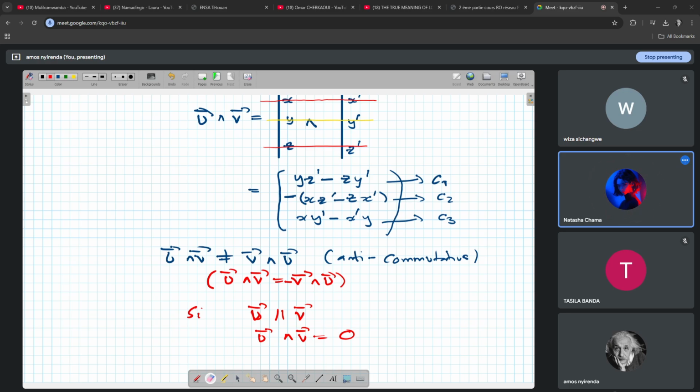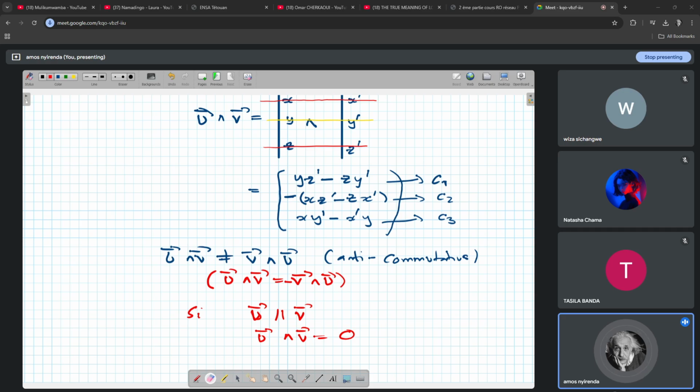Well, it's only vector v that will change. We multiply -1 by every component of the vector v. So if v has components x, y, and z, before taking the vector product we take the negative of every component. So if we have x, y, and z, we'll have -x, -y, and -z, and that is going to give us the same result.